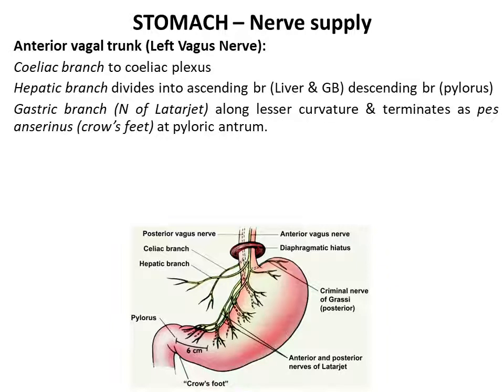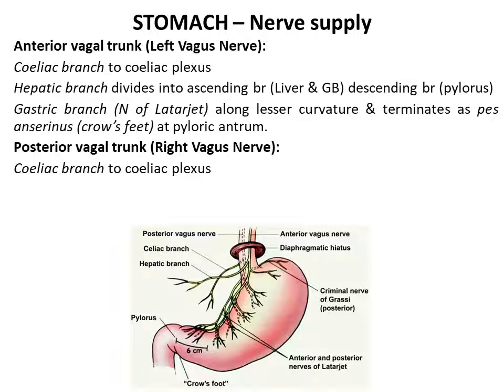A gastric branch, or the nerve of Latarjet, runs along the lesser curvature of the stomach up to the pylorus. It terminates by dividing into a number of branches which resemble the feet of a crow, hence called pes anserinus, and these supply the pyloric antrum.